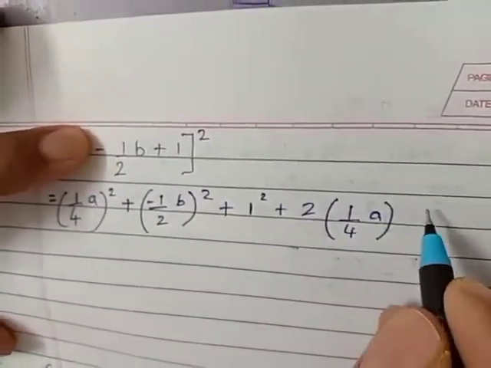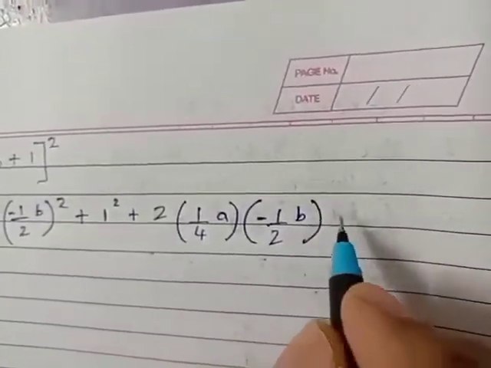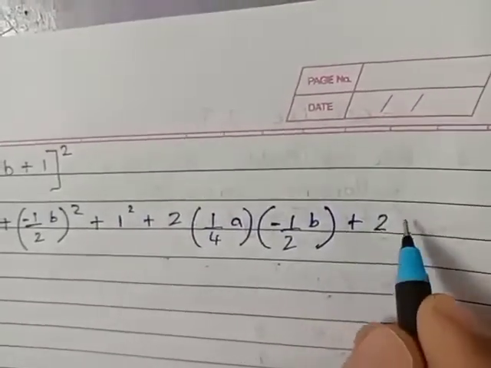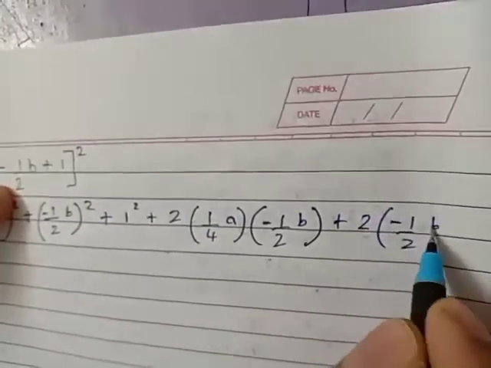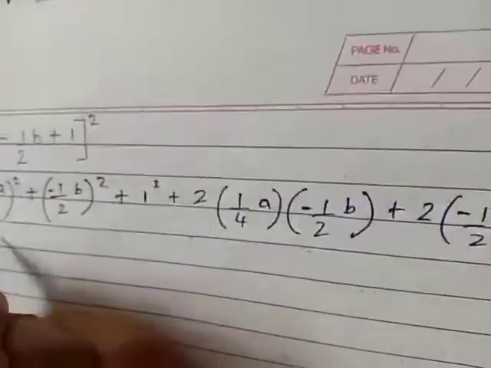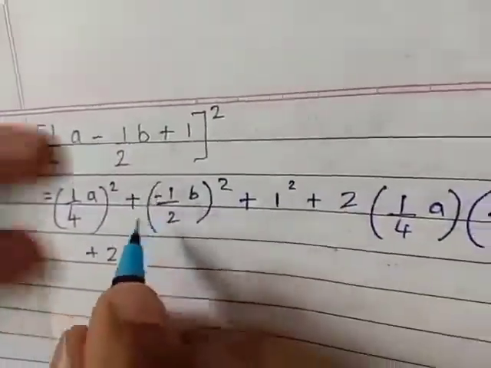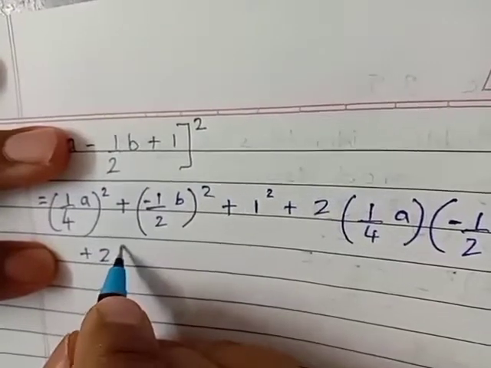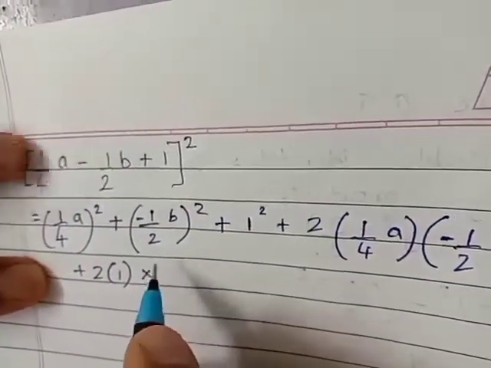And what is b over here? Minus half b. Plus 2 into bc. What is b? Minus half b, and c is 1. Plus 2ca. What is c over here? 1. ca. What is a over here?